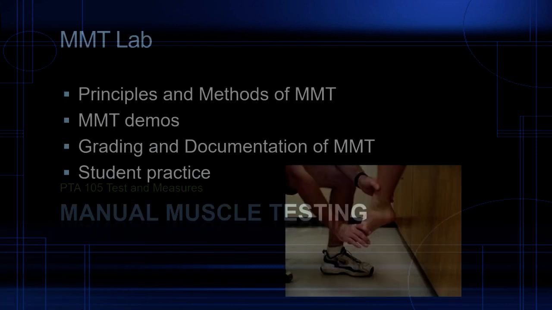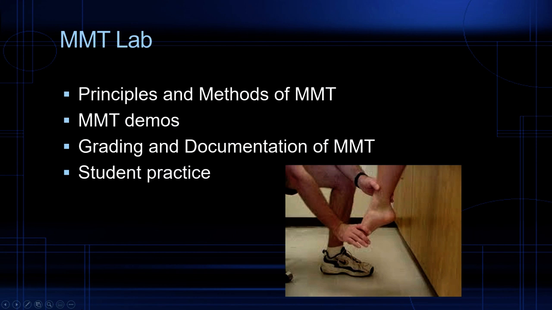Now when we get to lab, we're going to talk about the principles and how to do manual muscle testing. There is a handout in the module for you to download that covers everything we'll be doing in lab and a little bit from this lecture too. We will do demonstrations of all the muscles that you'll need to know how to manual muscle test.